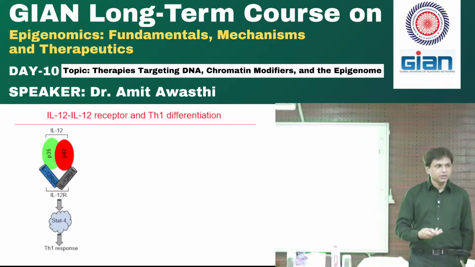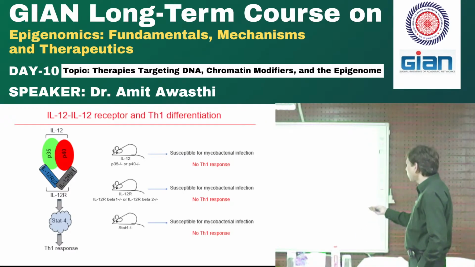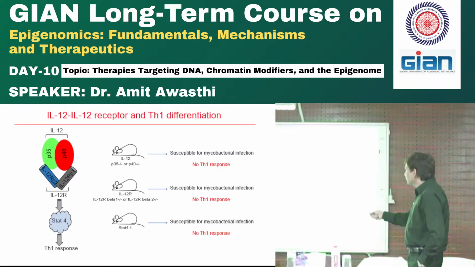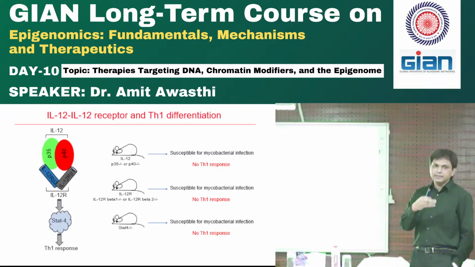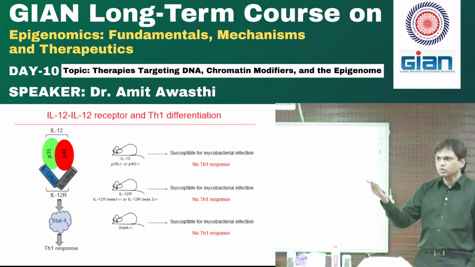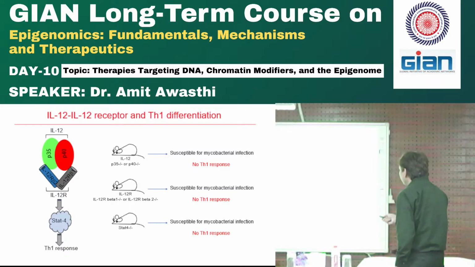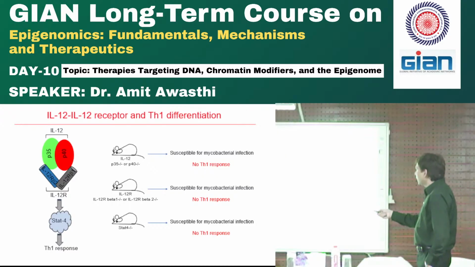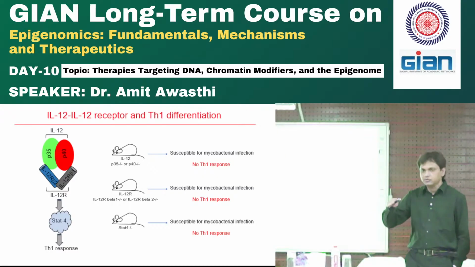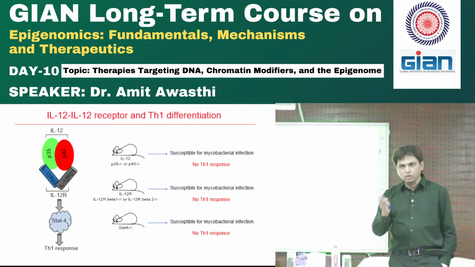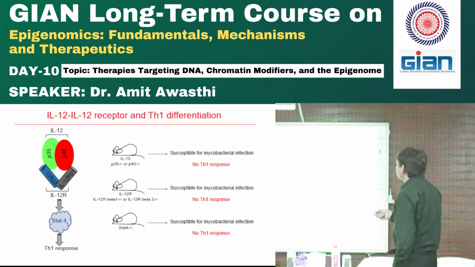How do we prove it? Because this looks like I drew it myself, but no, we proved it by this experiment. We created these knockout mice, not me, but the people who did these experiments at that time. So if you create a P35 knockout, meaning P35 is deleted in the mice, or you create a P40 knockout, either of them, what will you see?